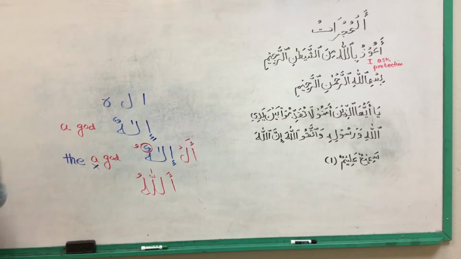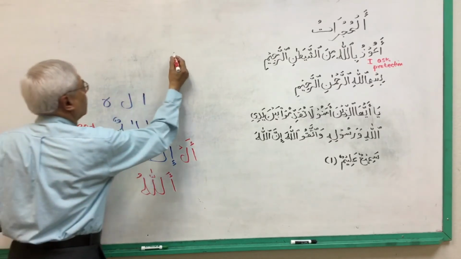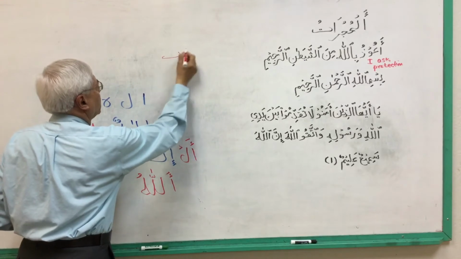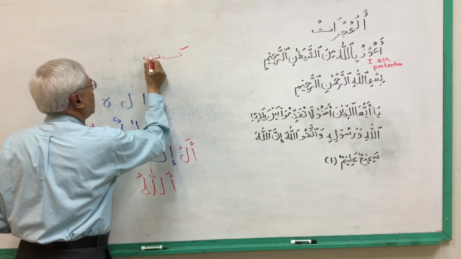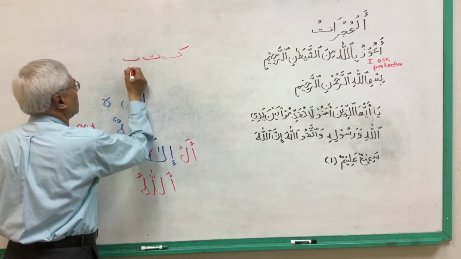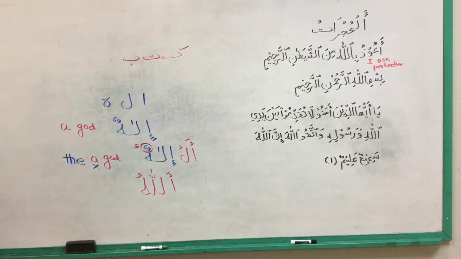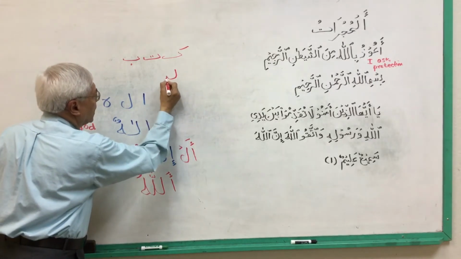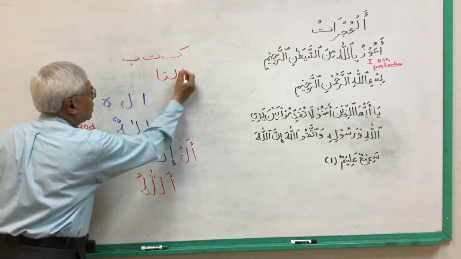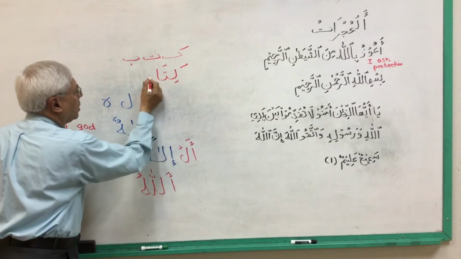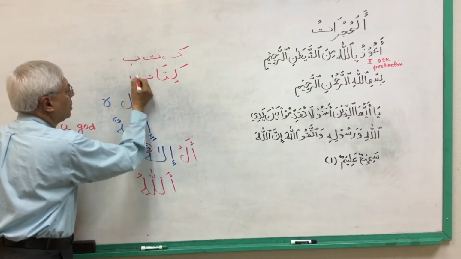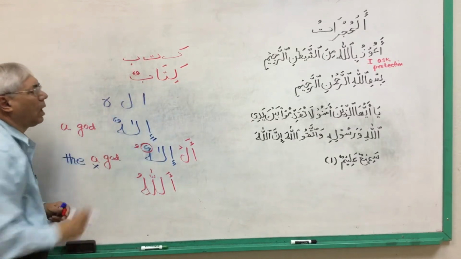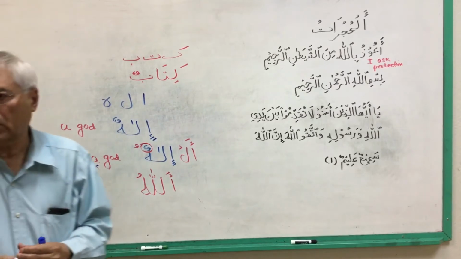So now I just want to give a little bit of detail of that. Let's see, you have these three letters. Kataba. Kataba means to write. Okay. When we make a word out of that, Kitabun, always there will be last letter with two dhammas.